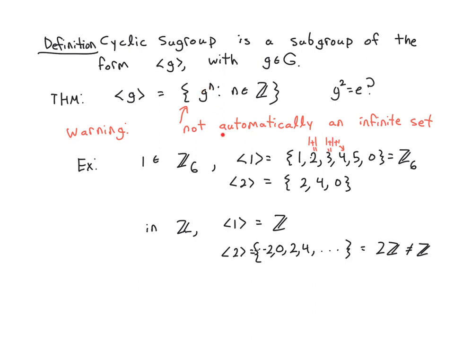Here we're working additively, so the group operation is addition, and we're just adding 1 to itself multiple times. It's not an infinite set, because if I add 1 to itself 100 times, I'm not going to get 100, I'm going to get whatever the remainder is of 100 mod 6.